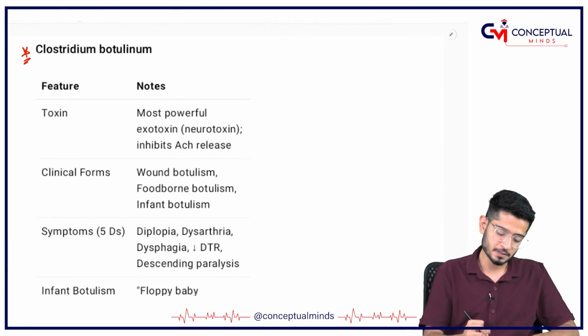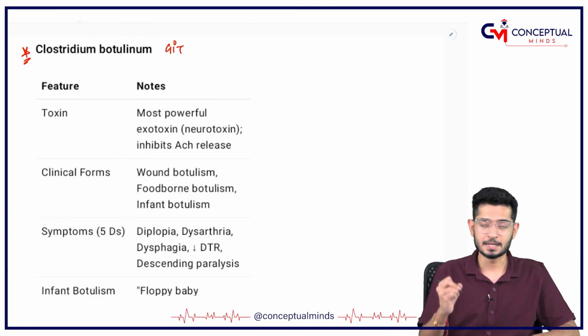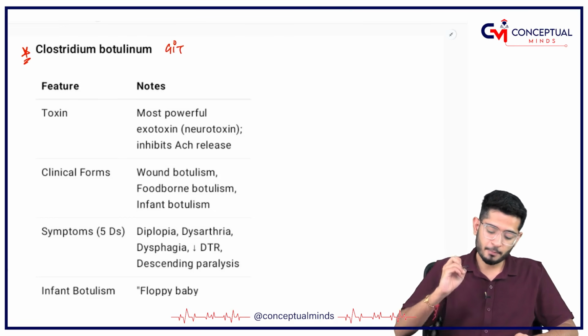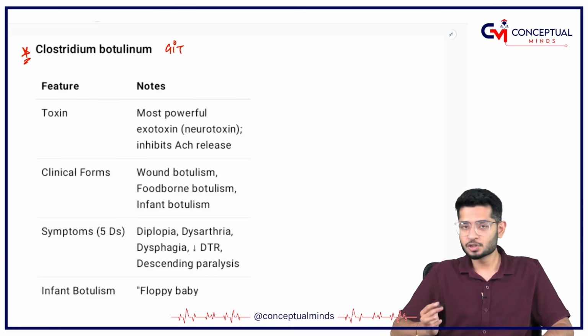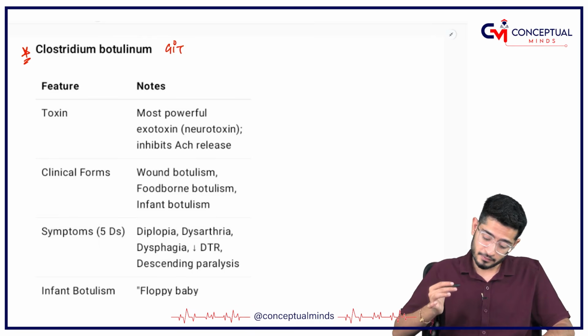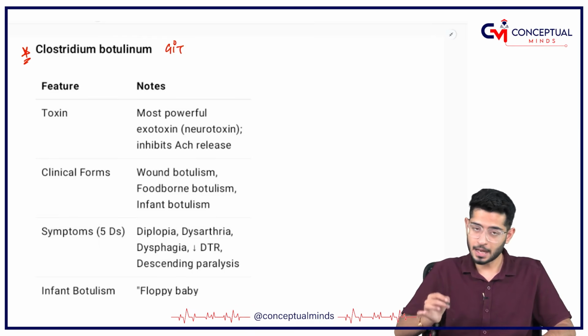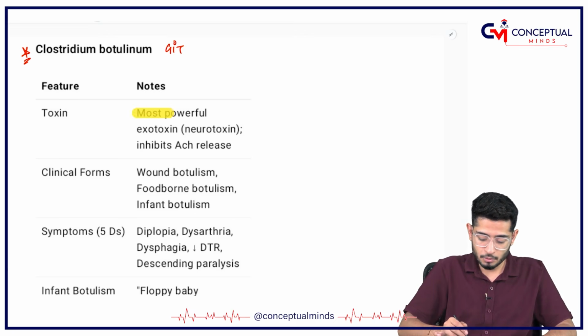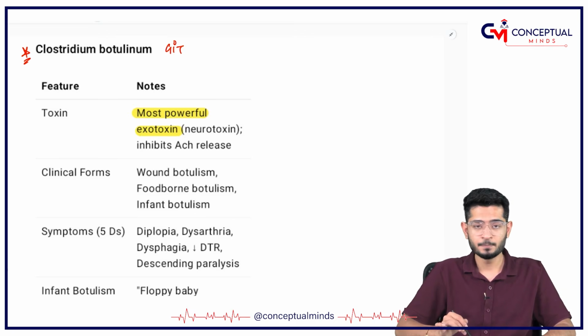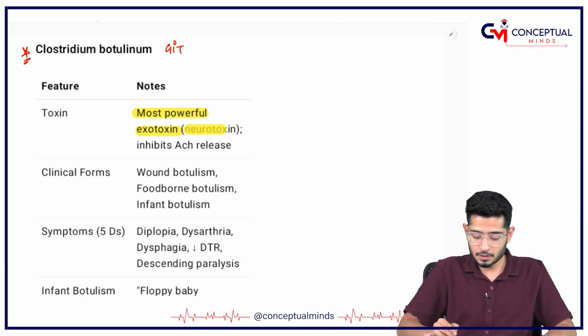Clostridium botulinum is responsible for GIT. Clostridium botulinum releases a toxin called botulinum toxin, an exotoxin, and a very potent toxin. I have already told you in general microbiology that it is the most powerful exotoxin, and specifically it is a neurotoxin.